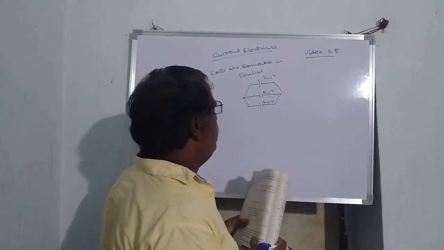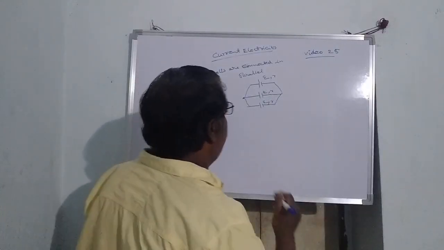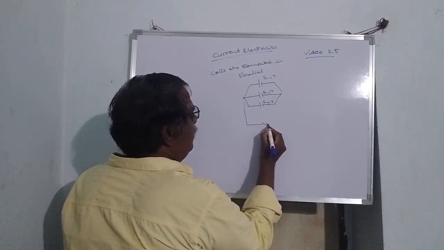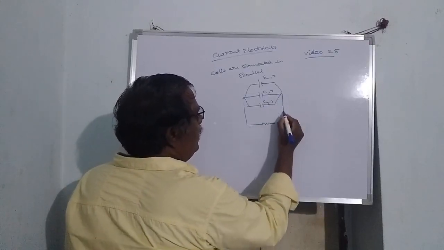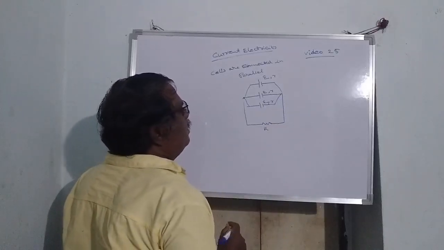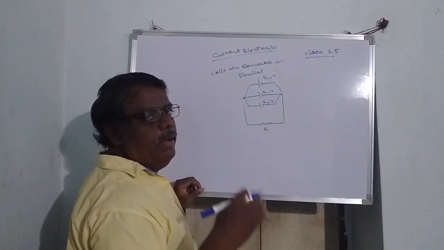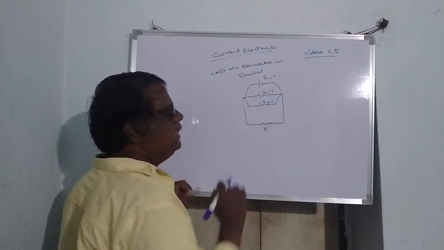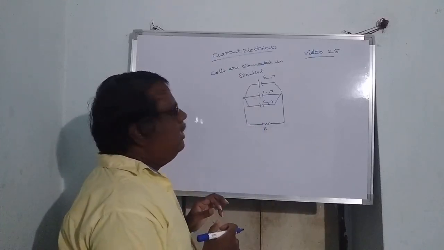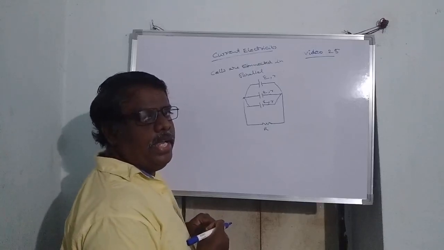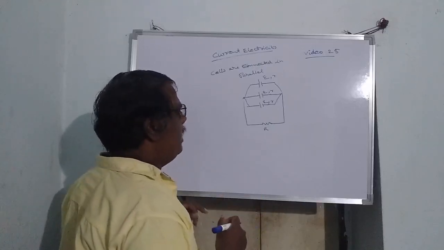The second ends are connected to another single common point. Here they are finally connected to an external resistance R. Here m number of cells are connected like this in parallel. Each cell has EMF E and internal resistance r, totally m number of cells are connected in parallel.